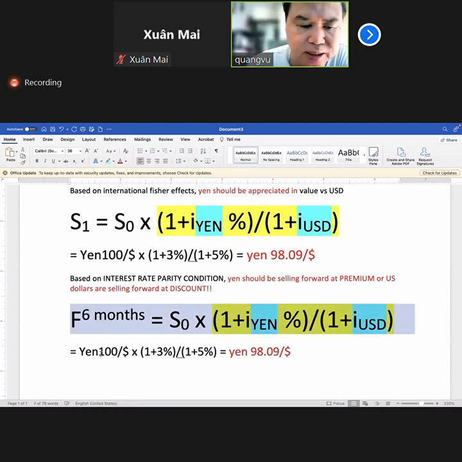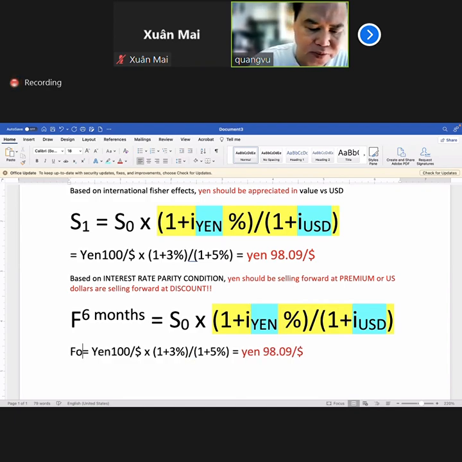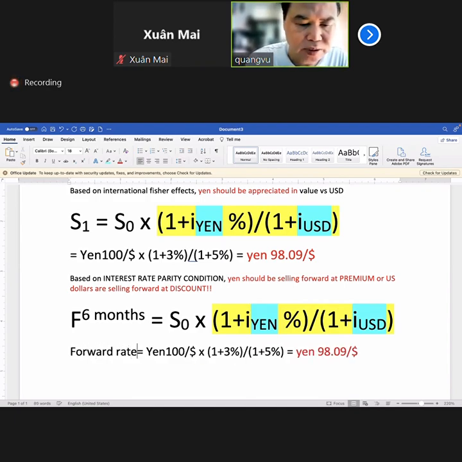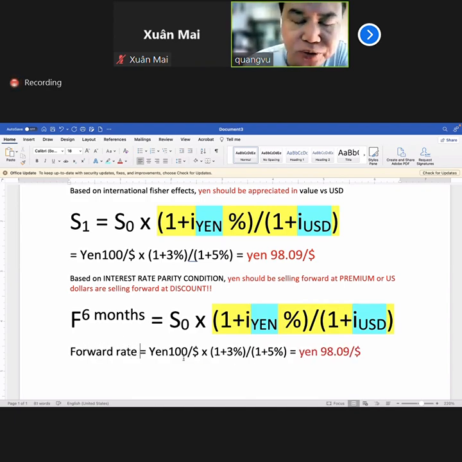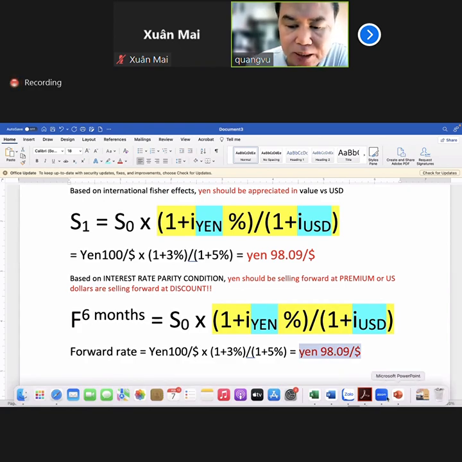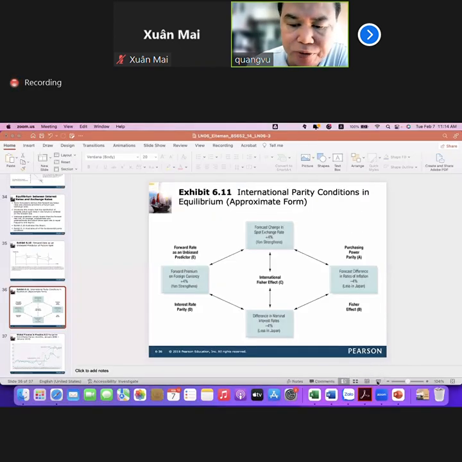You have a forward rate for 6 months of 98.09 yen. This is a forward, available to you today, offered to you by any bank or non-bank dealer. So go back to the diagram, and now you learn what? Let me show you quickly.